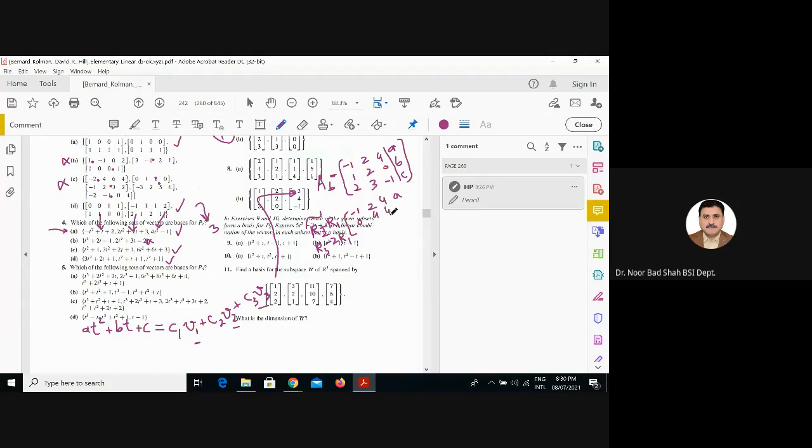This is 4. This is B plus A, or A plus B, doesn't matter whichever you take. Then we have R3 plus 2R1. So 2 minus 2 is 0. 3 plus 4 will be 7. -1 plus 8 will be 7. And then we have C plus 2A.